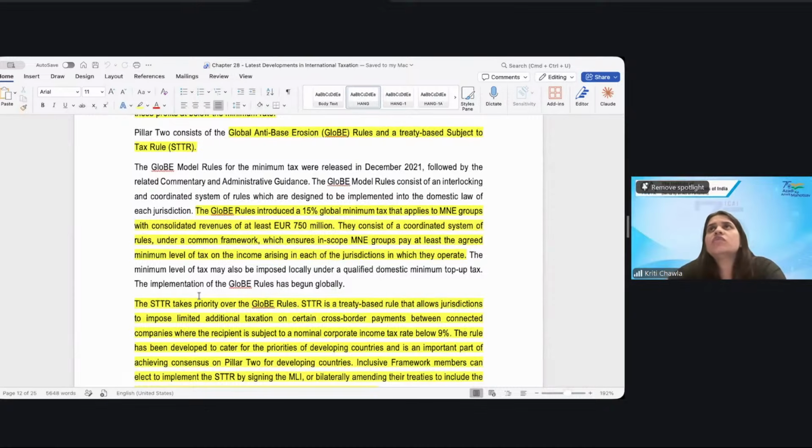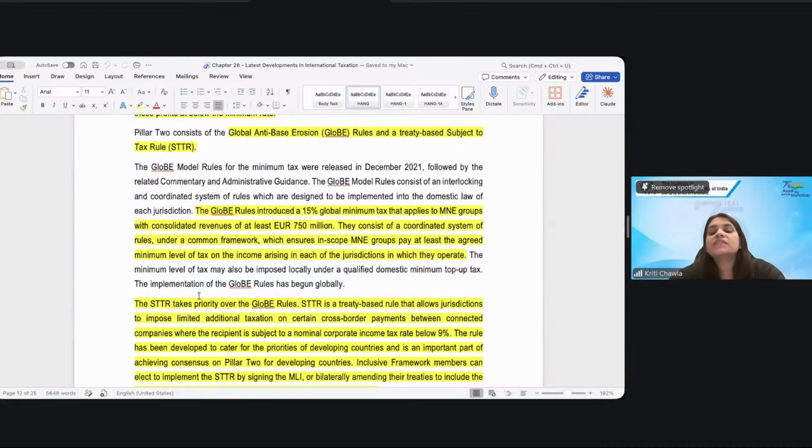They consist of a coordinated system of rules under a common framework, and it ensures that in-scope MNE groups with consolidated revenue of at least 750 million euros pay at least the agreed minimum level of tax on the income arising in each of the jurisdictions in which they operate.